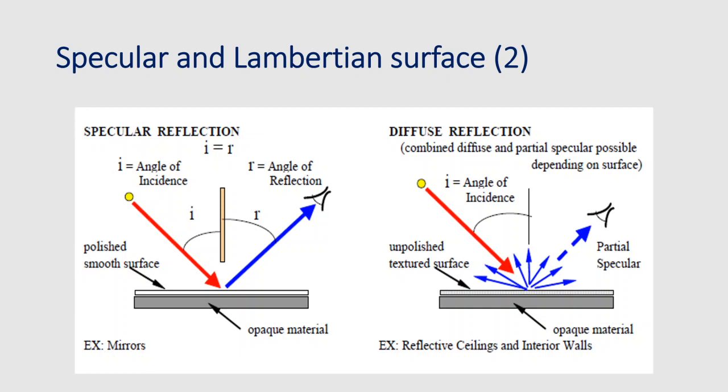That means that if they are opaque, there's no transmission, so the transmission coefficient tau is equal to 0. So by Kirchhoff's law, alpha plus rho is equal to 1.